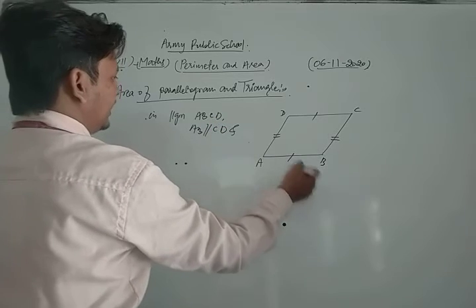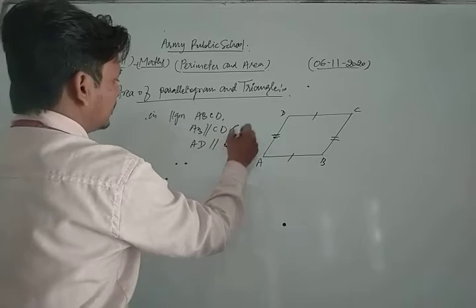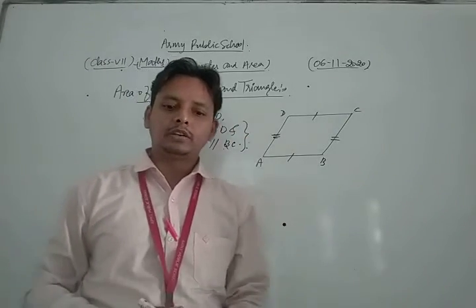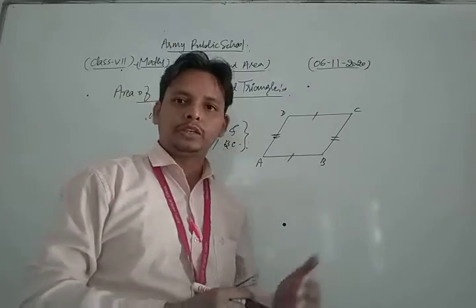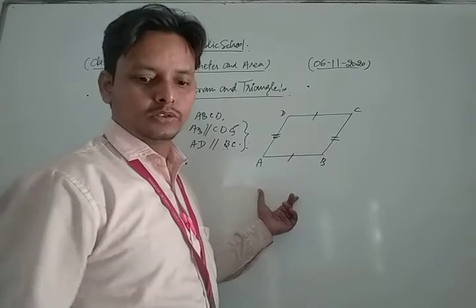CD. And AD is parallel to what? BC. So if opposite sides of any quadrilateral are parallel to each other, then it is said to be a what? Parallelogram. So this is a parallelogram ABCD.